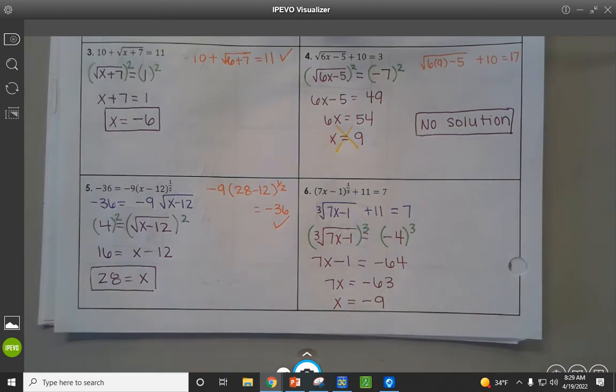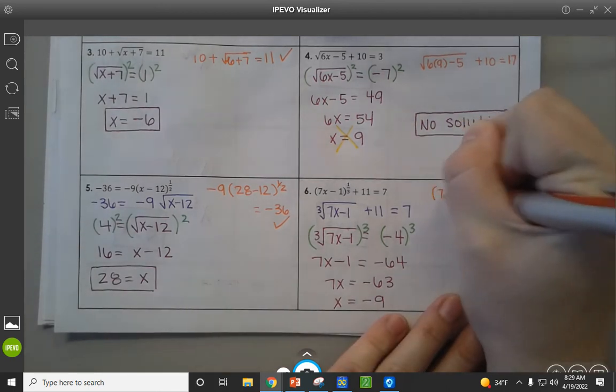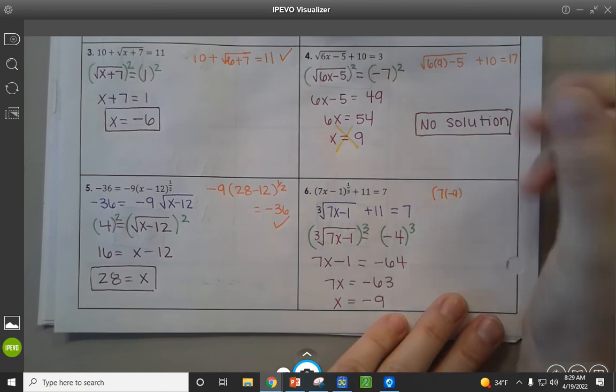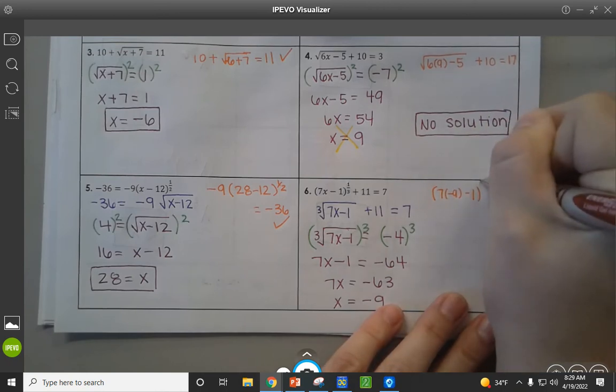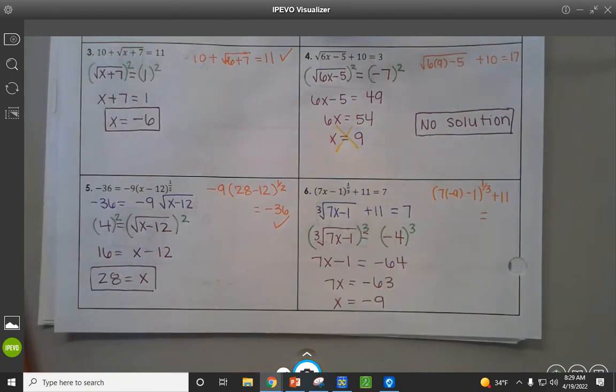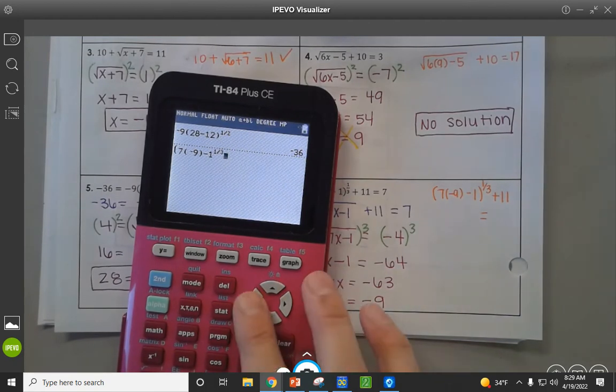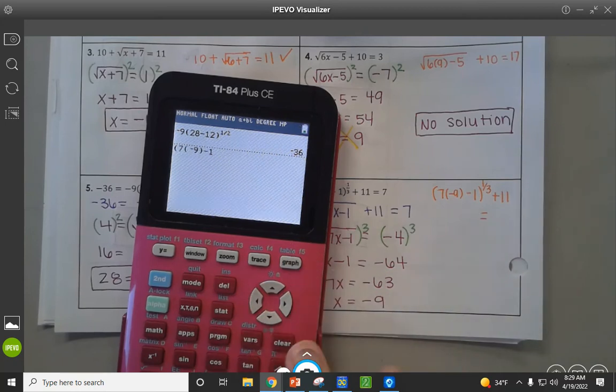So 7 times negative 9 minus 1 to the 1/3 power plus 11. And I get 7, which is what we wanted. So this is a solution.